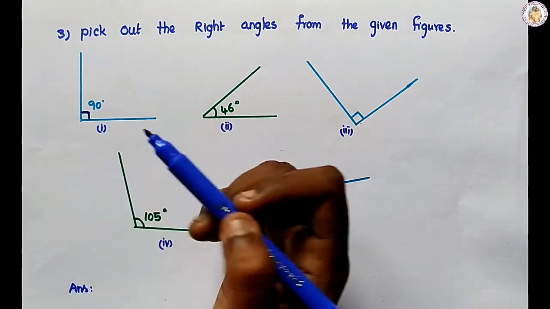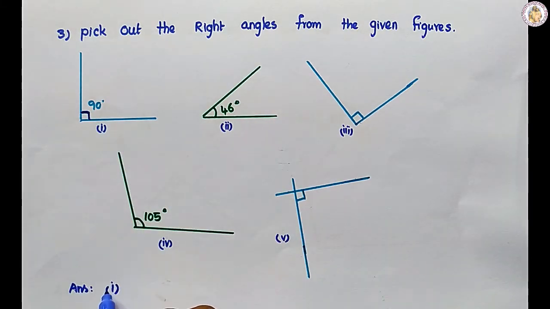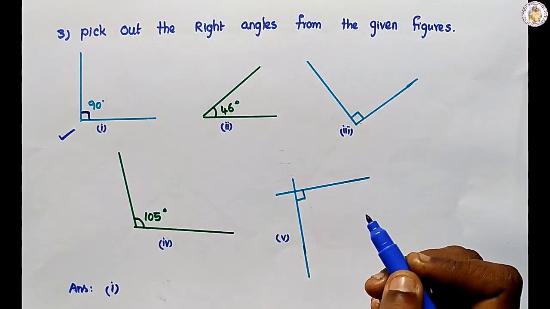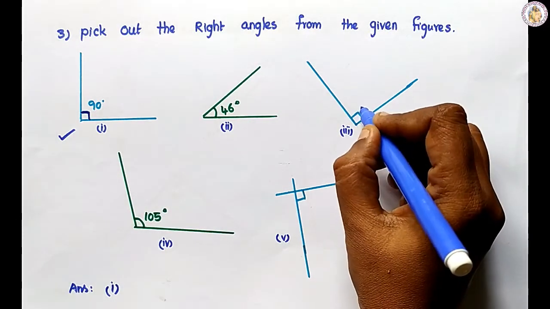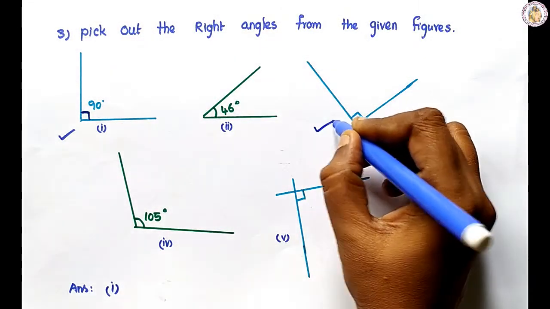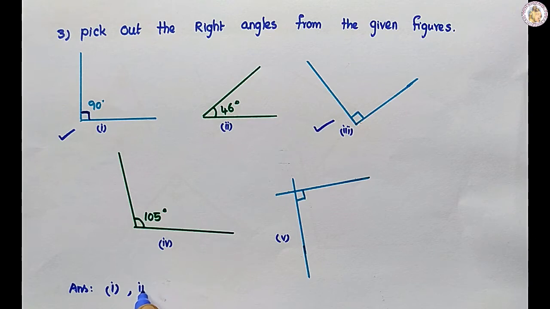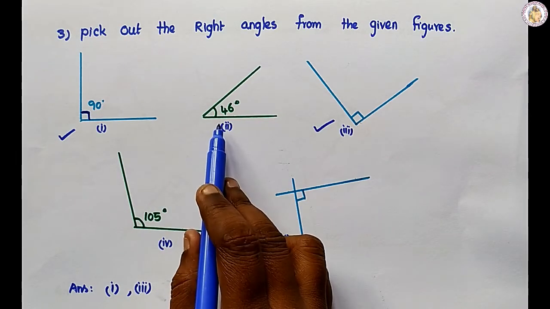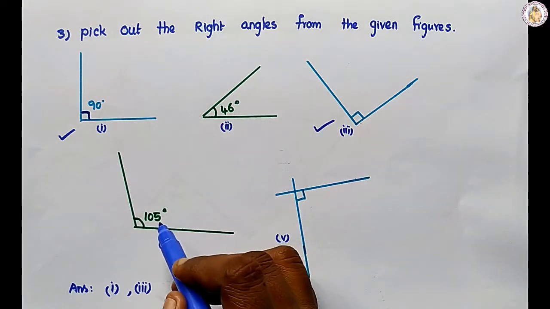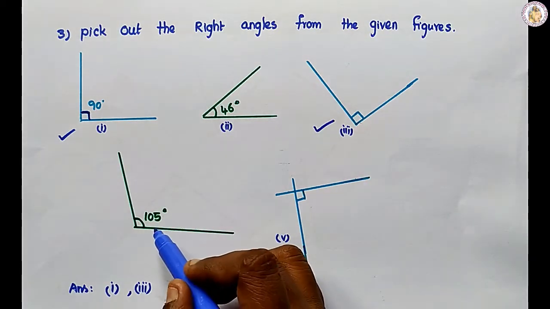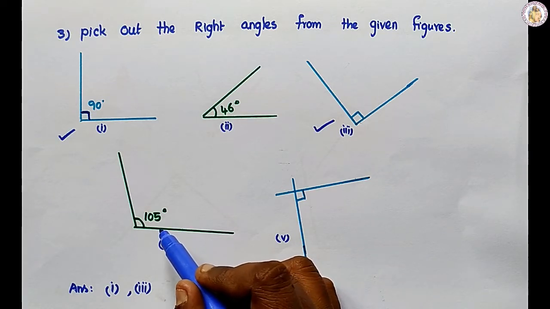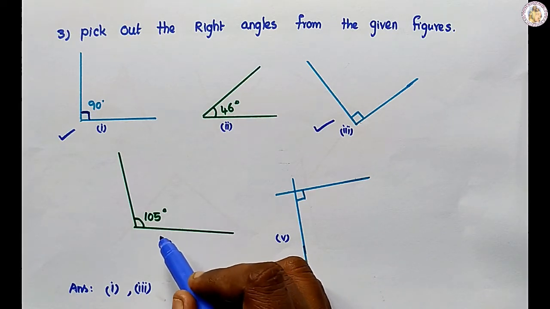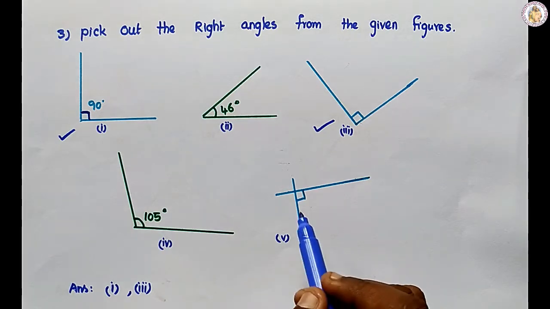So 90° first one, and then here also the symbol is there, so that is also 90°. Third one, and then 46, that is below 90, that is acute angle. 105 is above 90°, so that is obtuse angle.